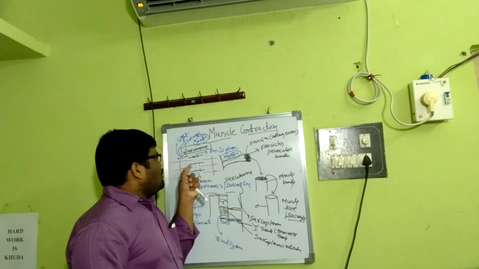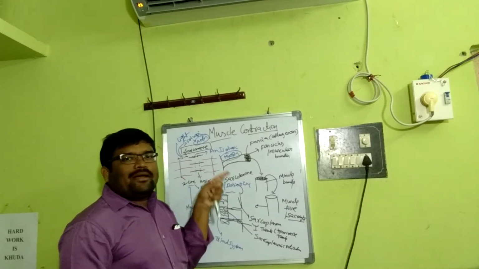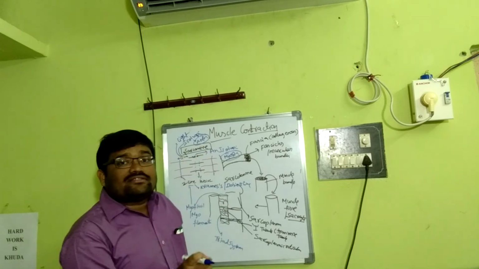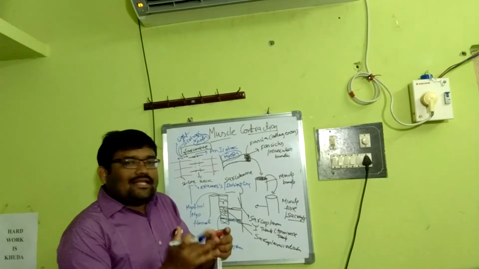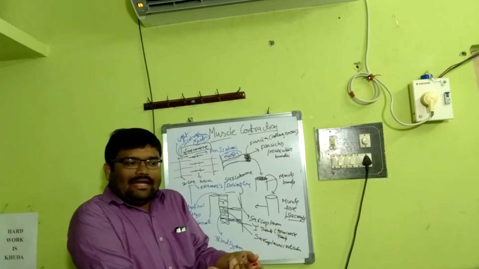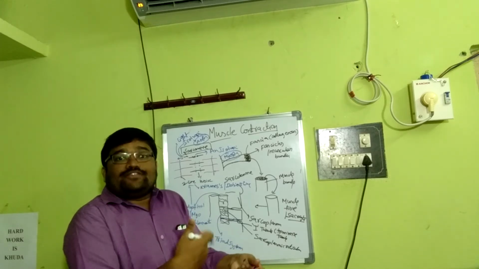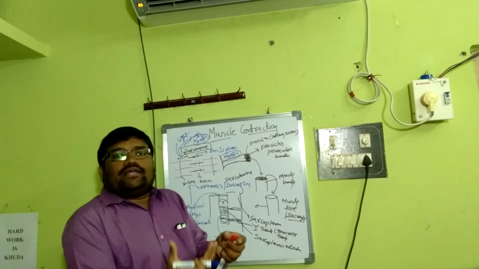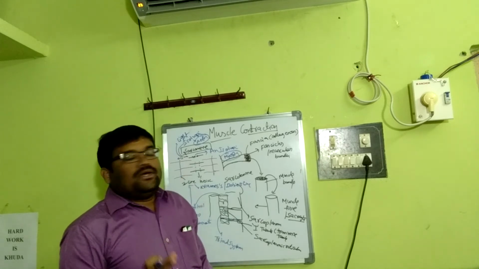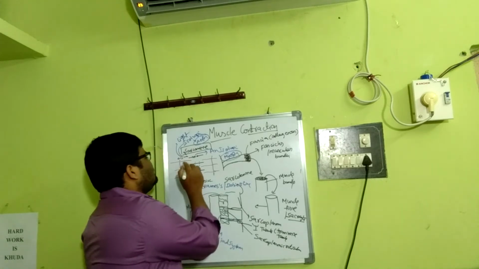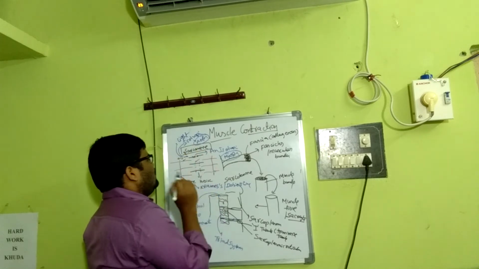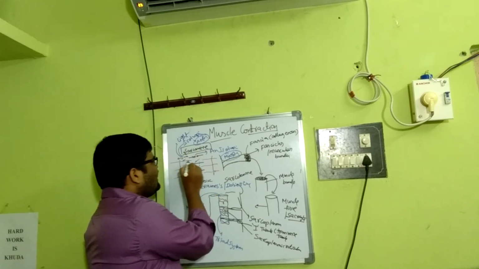Similarly, in the A band, the central thin membrane is called the M line. The myosin filaments of the A band, the dark or anisotropic band, are held together at the M line. So this is the I band and this is the A band, actin and myosin.